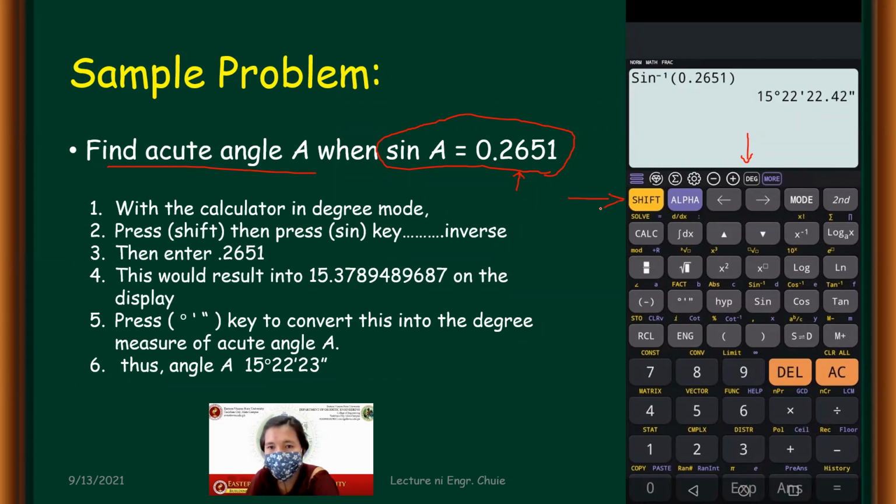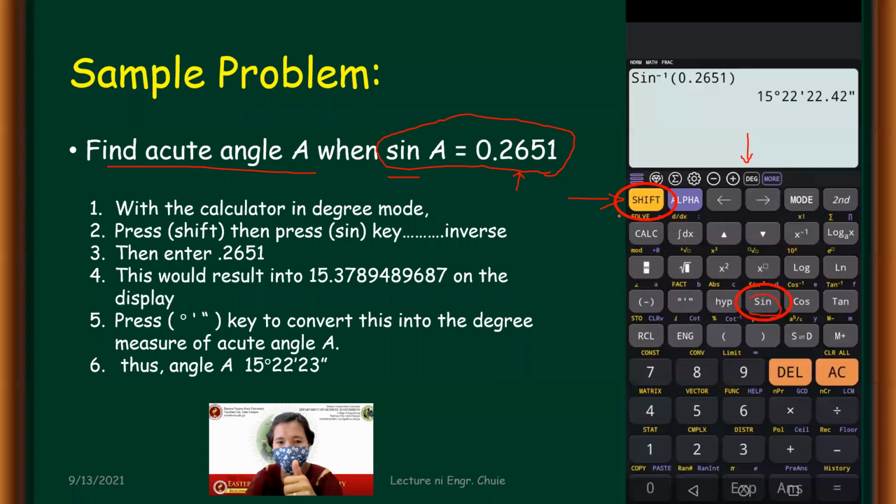Here, you can find the shift mode. Then press the trigonometric function that you need to solve. For example, sine, since naka-sine A. So if you need to compute the sine A, after pressing shift, you press the sine key.